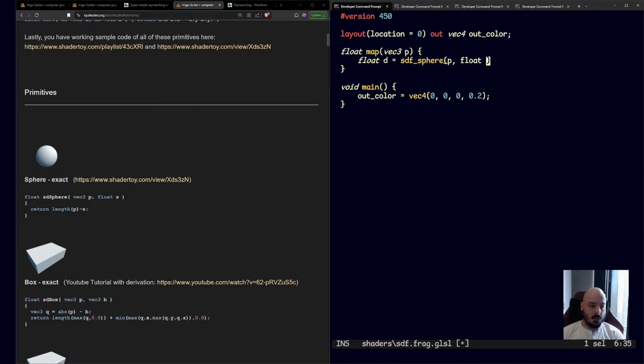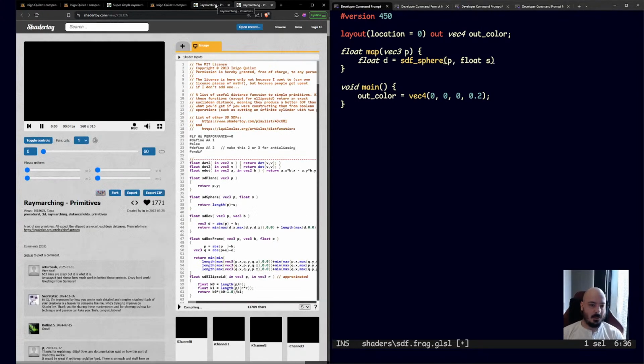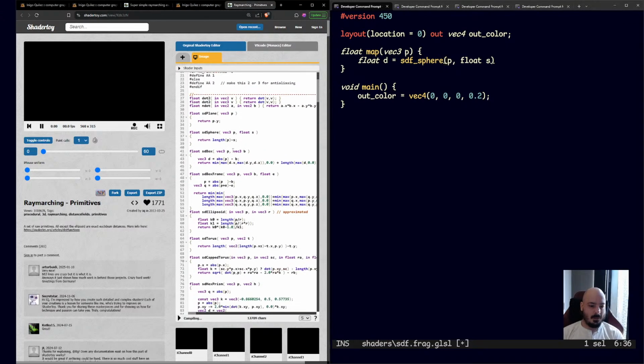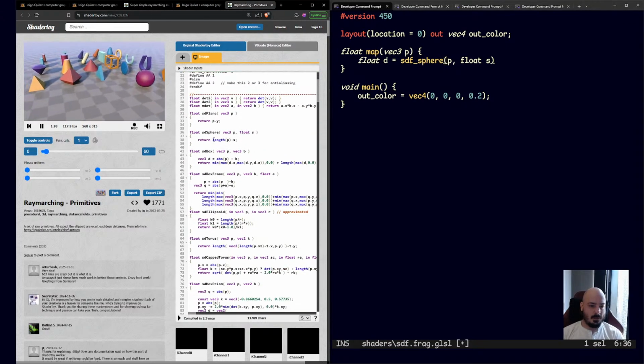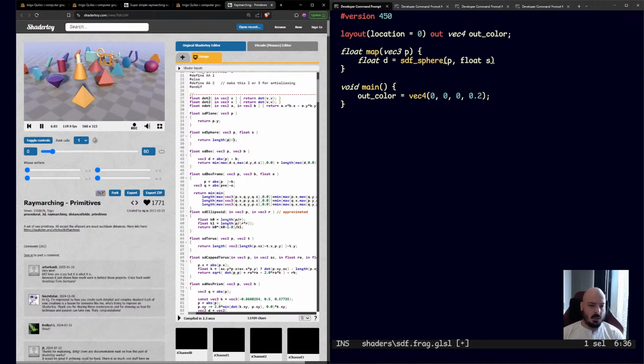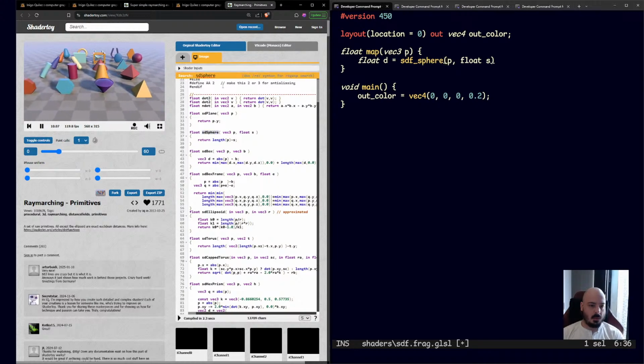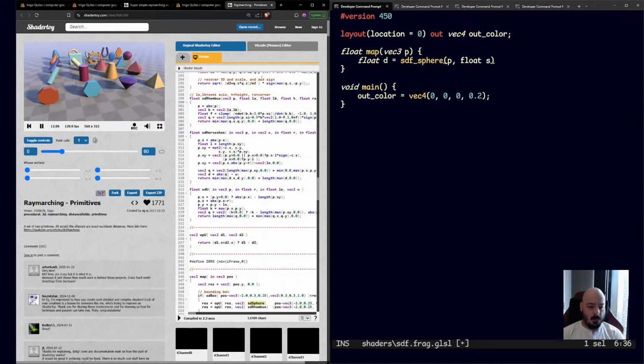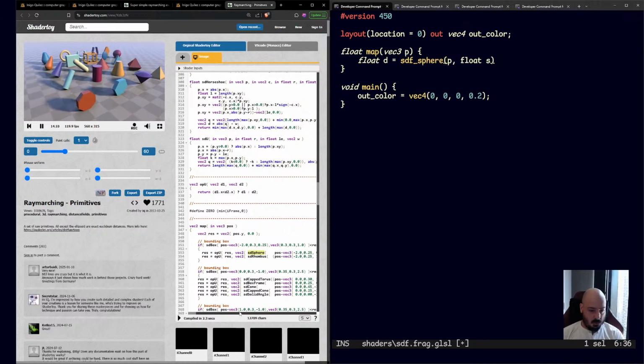What is S? Is it radius? Yeah, it is. It's minus the radius. Why is it S though? I'm pretty sure that's what it means.